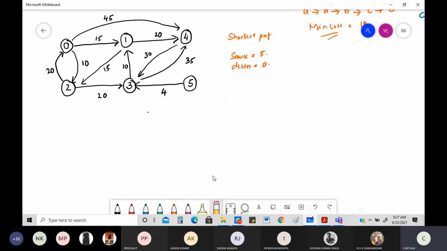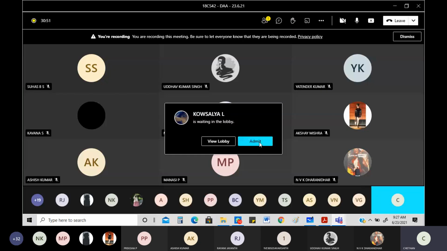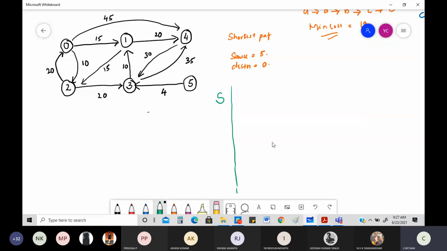So let's start. What is my source? Be careful with the wordings I'm going to use. I'm going to use this as my source. The next thing to be kept in mind: if there is a source like this, I need to figure out the remaining vertices.